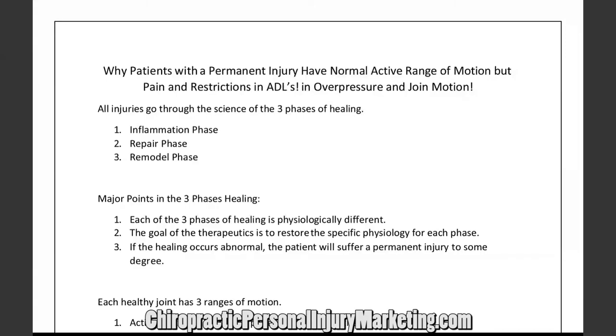The therapeutic protocol was based on the patient's biomarkers relative to the science of the three phases of healing. What was the response to treatment? What were the complicating factors? Did they reach MMI? Was there an impairment rating? What was the prognosis and need for future care? And if there was any pre-existing injury, apportion the pre-existing injury. So those were the 12 categories.